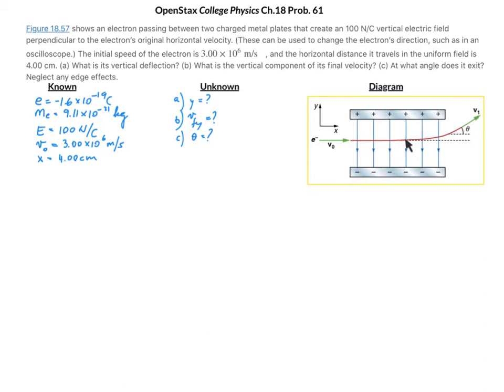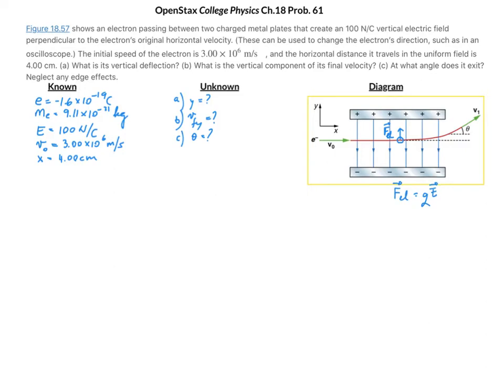Now, the reason it follows this path is that whenever we have an electron in an electric field, it experiences a force. We know that the electron is attracted by the positive plate here. So this is the electrostatic force it experiences, and this electrostatic force is the charge of the electron times the electric field.